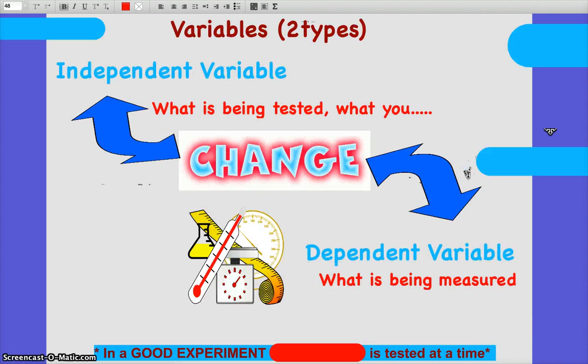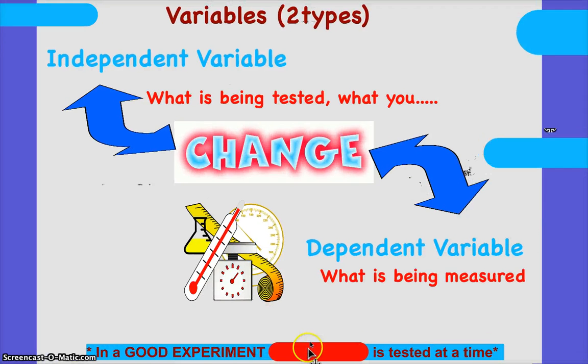Last question, I just made it. How many variables make up a good experiment? 3. 2. 1. 1. Because if I'm going to change something and I'm going to say, if I do this, then this will happen, I should say how many independent variables make up a good experiment. Let's change that statement.